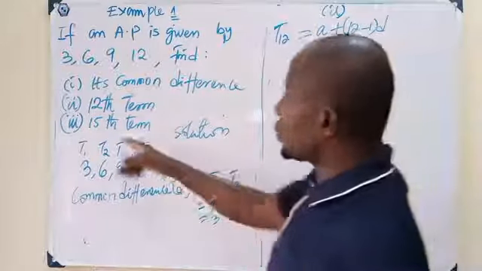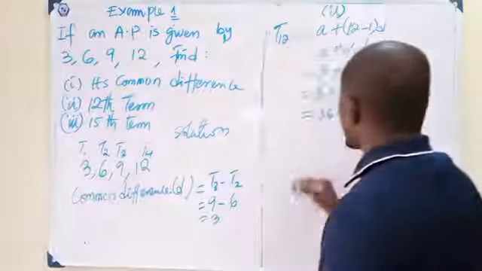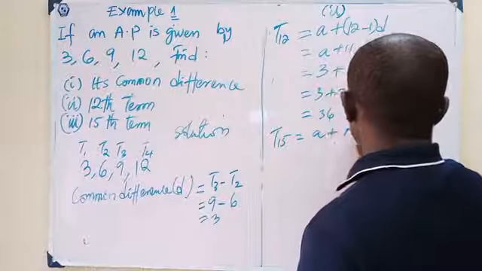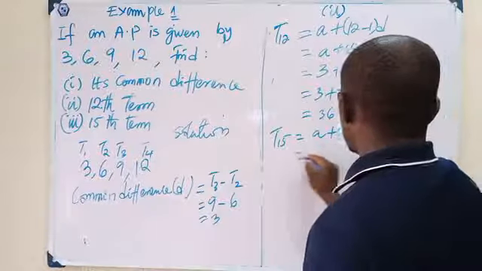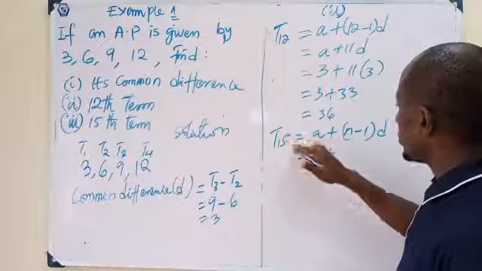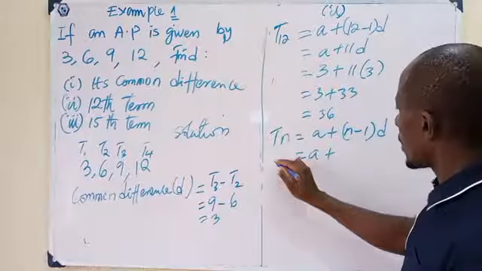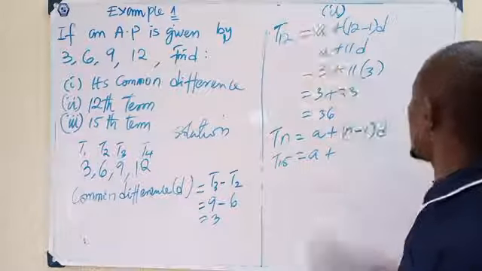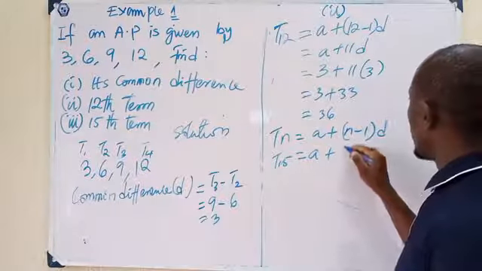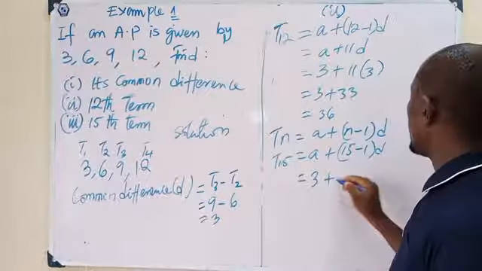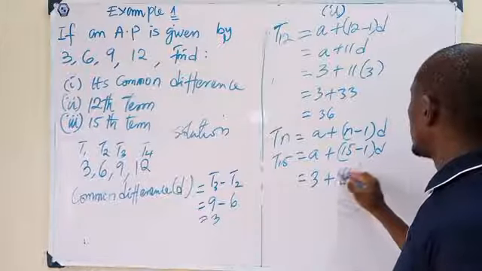The next one, they say we should find the 15th term. So T15 is equal to A plus N minus 1 times D. So this is A, our N is 15. Alright, so this is 15 minus 1 times D. So this is 3 plus 14D.